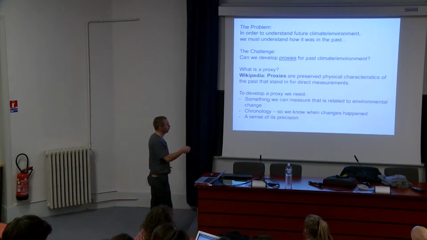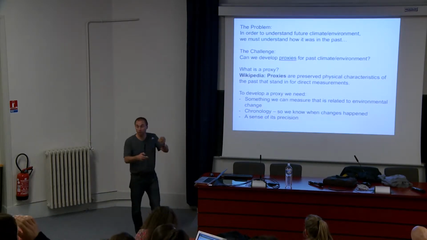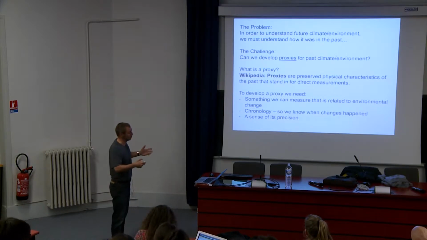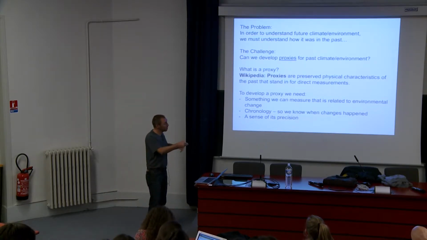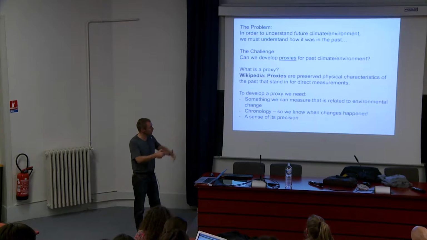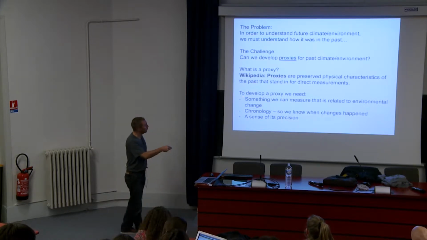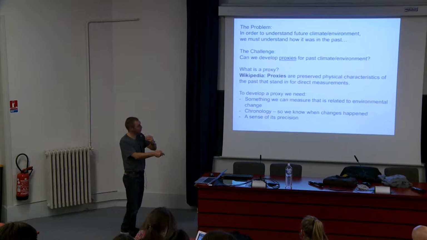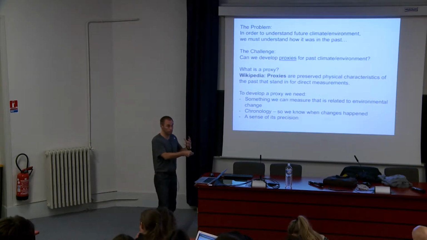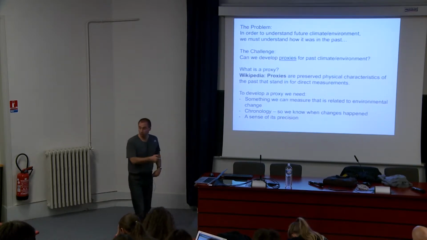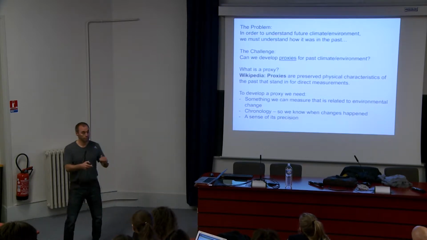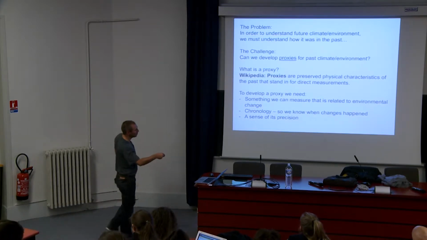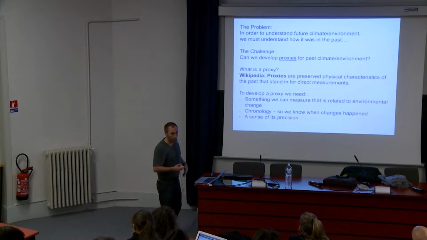To develop that into a proxy, that's some geochemical parameter, for example, some parameter that we can measure in a geological record. We need to turn that into a proxy. We need to make sure that it's actually related very well to the environmental change that we are trying to reconstruct. We need a chronology, so we know when things are happening, and we need to have a sense of its precision, so how well it works.